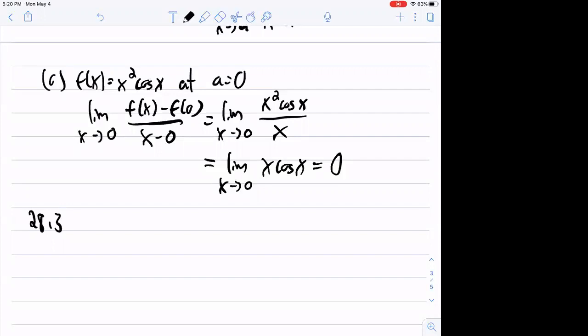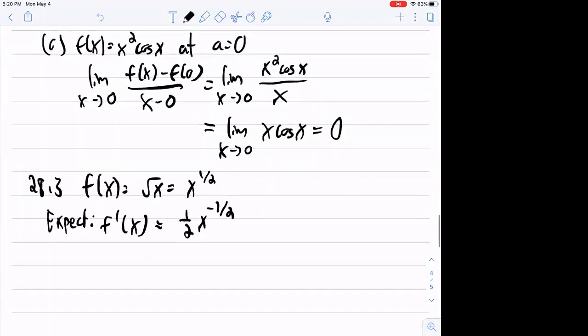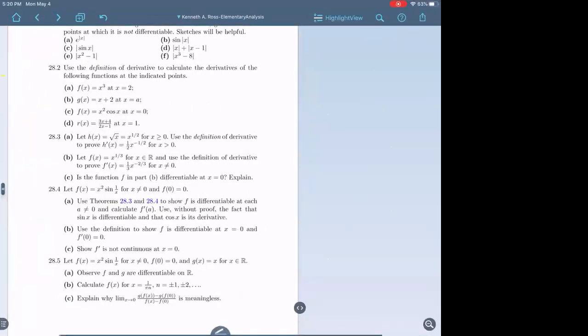Part A, root x, which is x to the 1/2. So they want us to compute, right? So obviously you should expect, you all know the power rule. You should expect this to be 1/2 x to the negative 1/2, right? They want the derivative at some value bigger than 0.